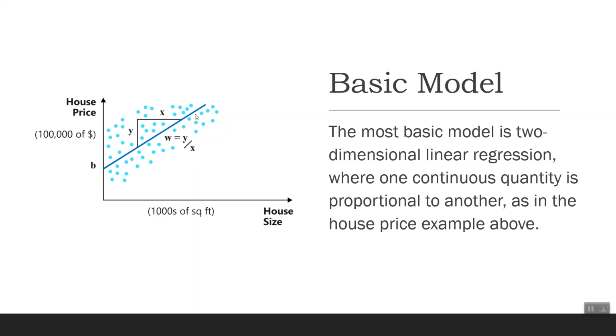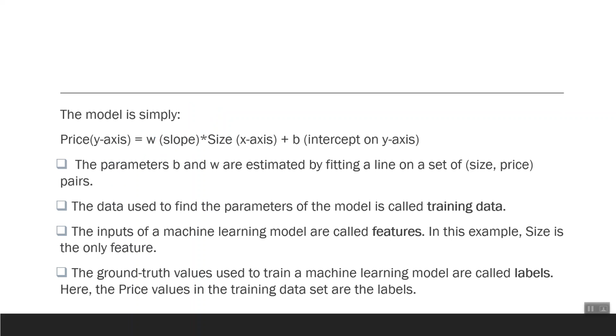These are the data points, the pairs of house price and house size, and a linear curve is fitted, the most approximate fit through all these points. Then the model is simply price, which is on the y-axis, is equal to slope, which is w, times size on the x-axis, plus b, the intercept on the y-axis. Now parameters b and w are estimated by fitting a line on a set of size-price pairs, like this again.